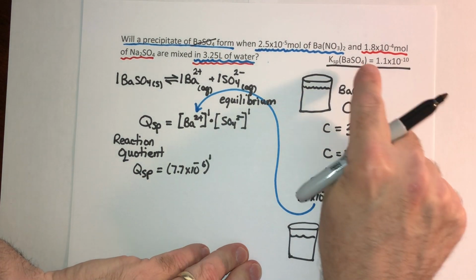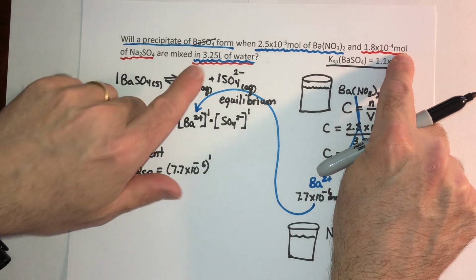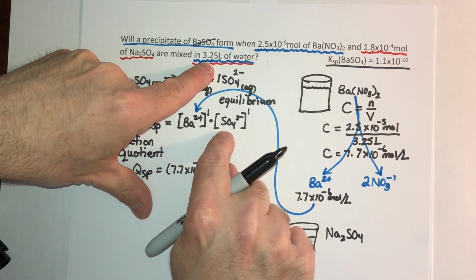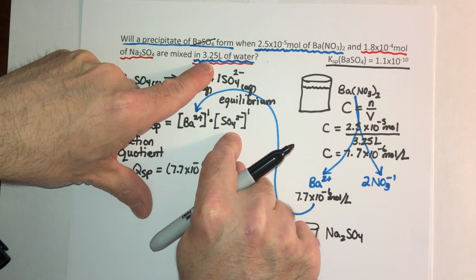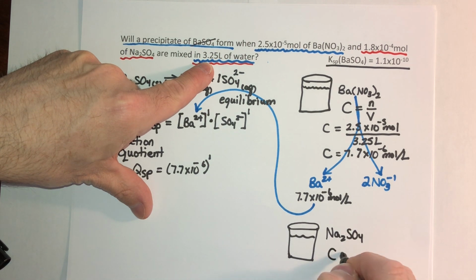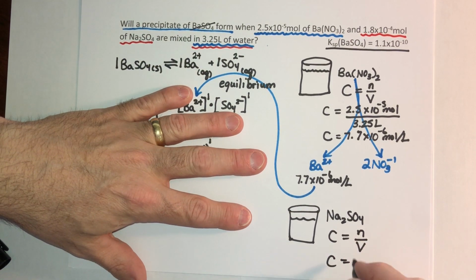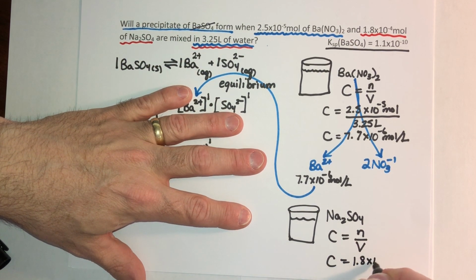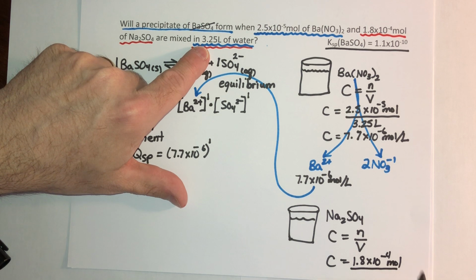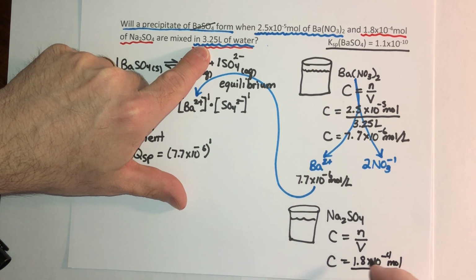Now again, I have given you the number of moles, I have given you the liters, but this equation is all about concentration. So the first thing I'm going to have to do is calculate concentration, moles over volume. So the number of moles is 1.8 times 10 to the minus 4. And the volume of water is the same because I'm putting it into the same container.